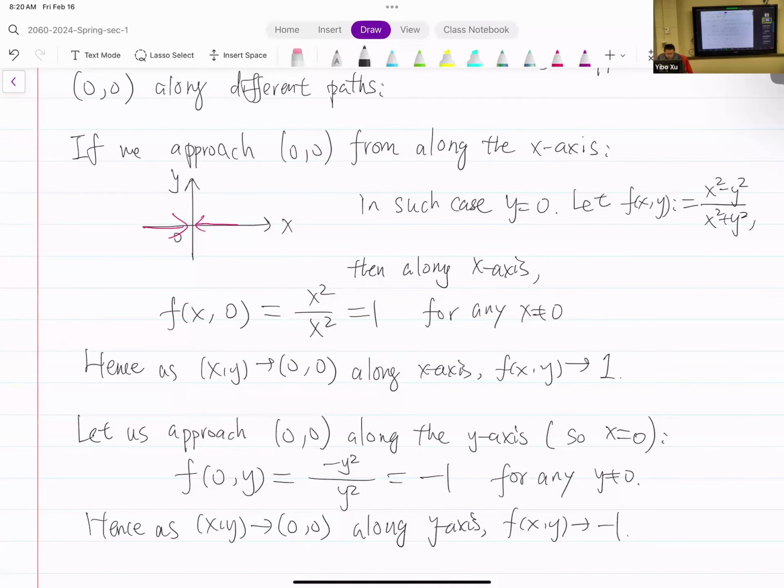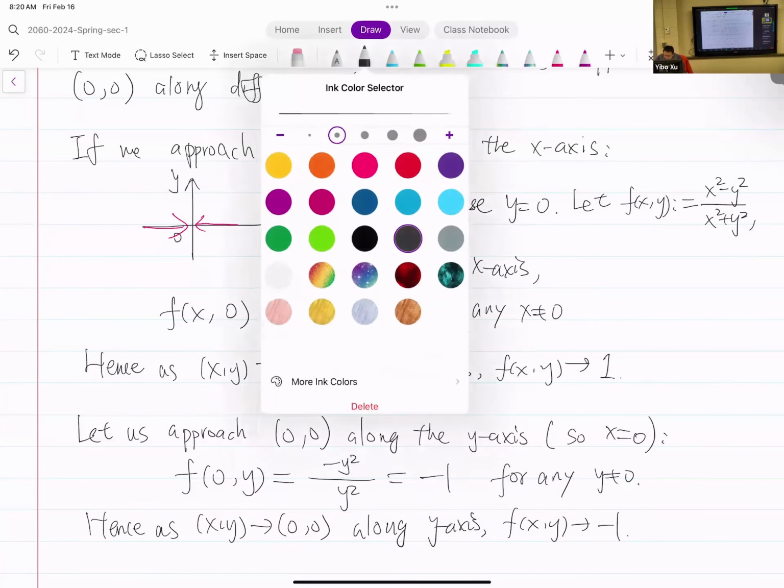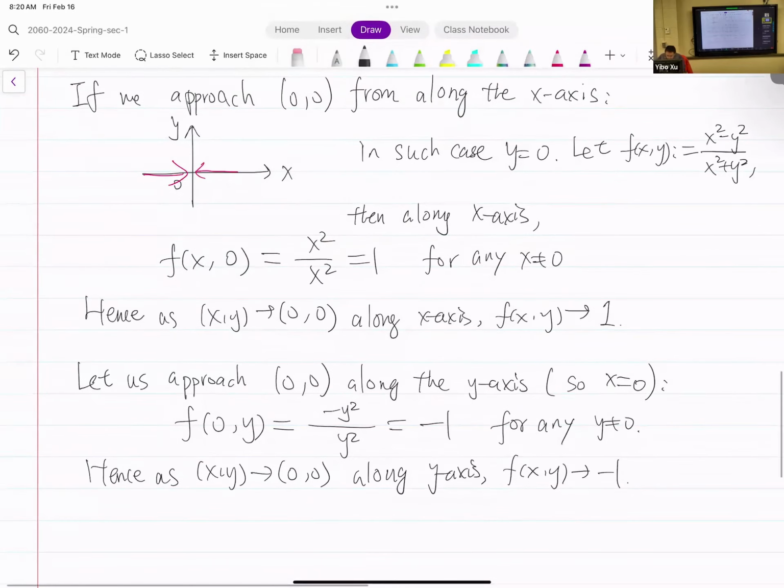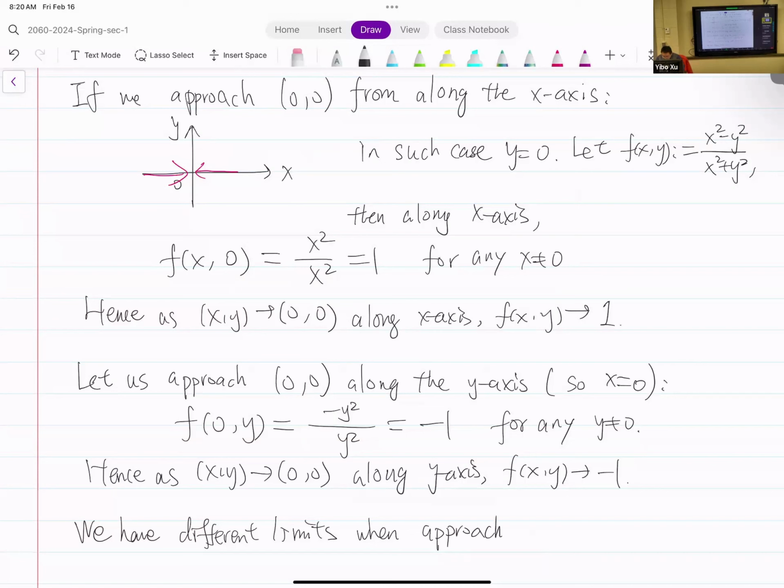No, right? So we just check 2. We just check the basic 2. But then these 2 don't even agree. Okay. We have different limits when approaching the origin from different paths.